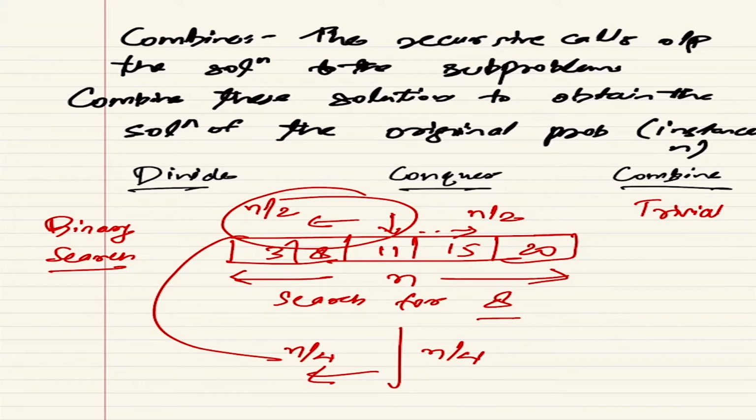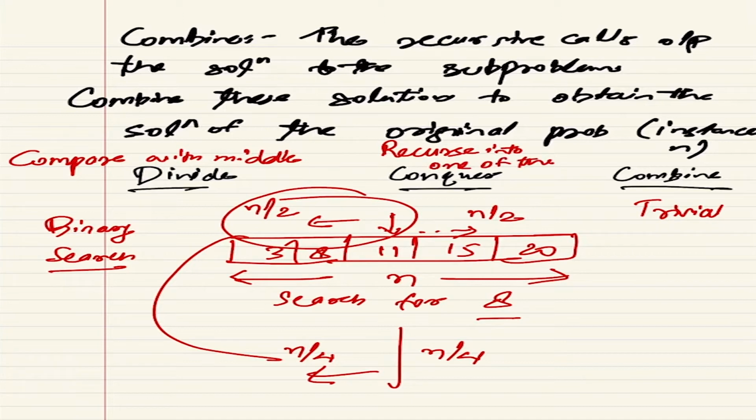Divide is simply comparing with the middle element. Conquer is you recurse into one of the subarrays. And the combine is trivial.